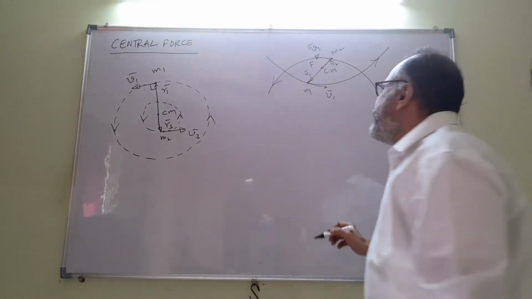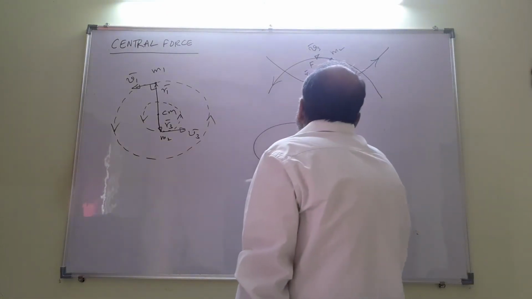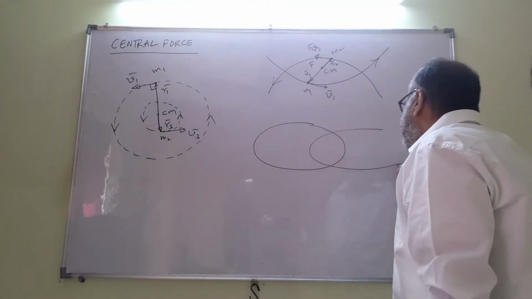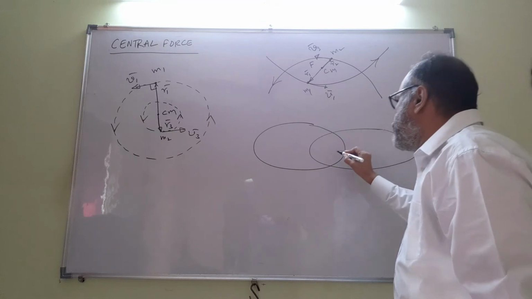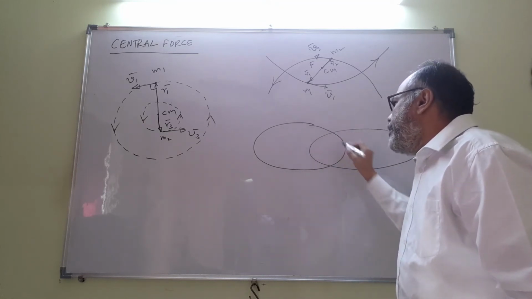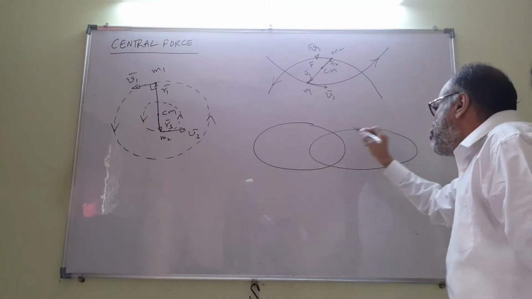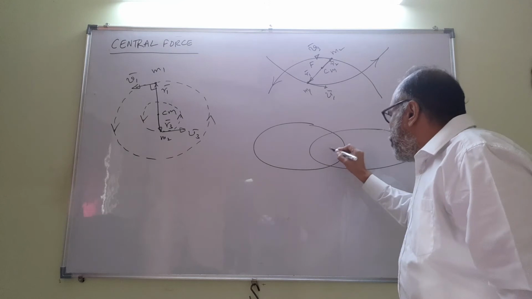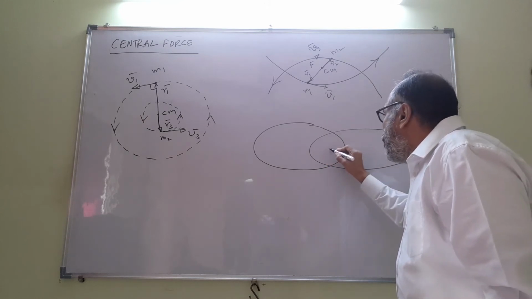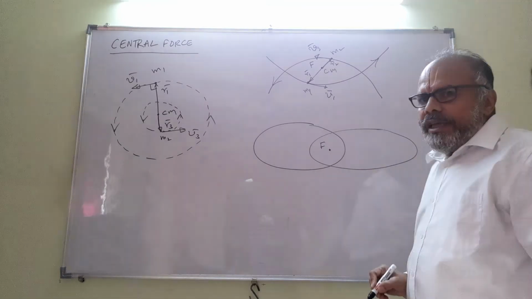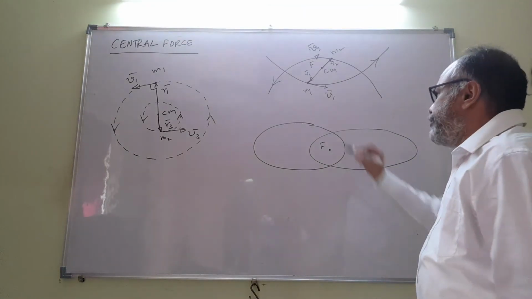In the case of an ellipse, if I draw one ellipse and another ellipse here, an ellipse has got two foci. This ellipse would have two foci. This ellipse also would have two foci. But one of their foci would be common. That common focus becomes the center.